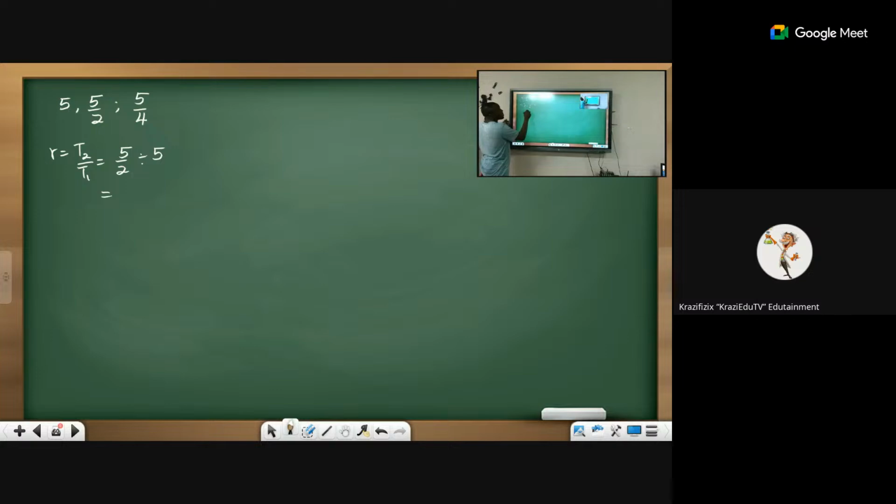Which will give me what? You know what I do? Let me show you something that I do. It's very crazy though. Divide the numerator. What is 5 divided by 5? What is 2 divided by 1?